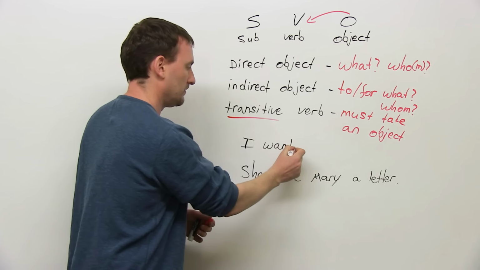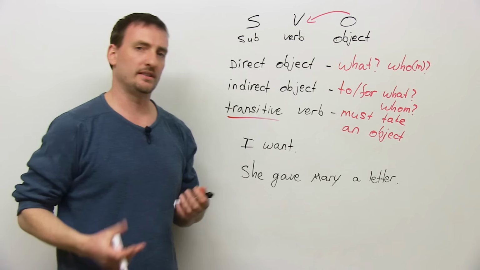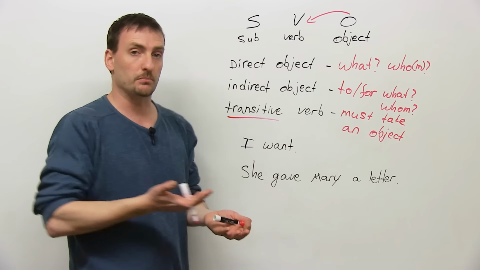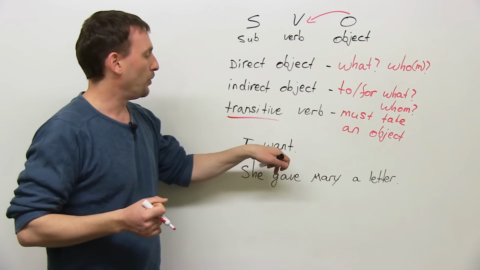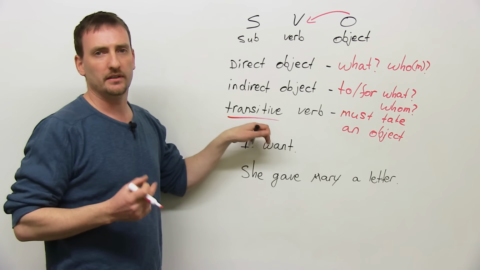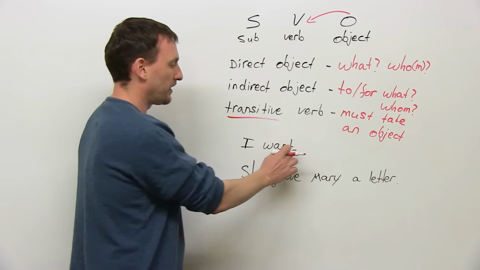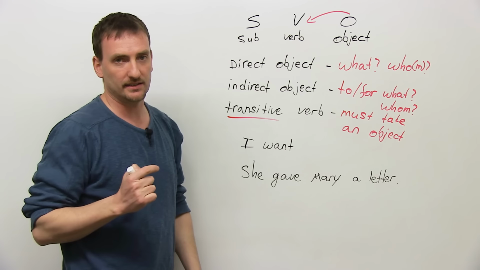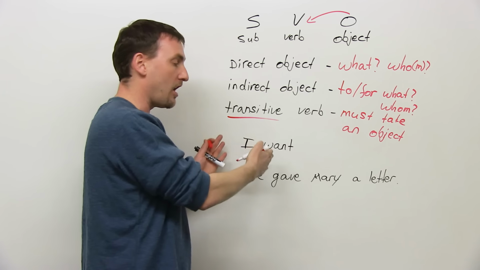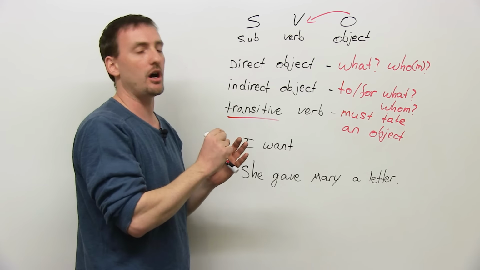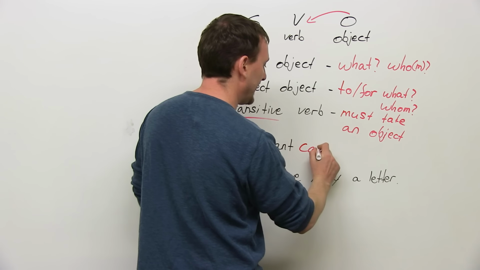Look at this sentence here. I want. Is this a complete sentence? I have a subject and a verb, right? Should be okay. Want is a transitive verb. There's no such thing as wanting without wanting something. Okay? So this is not a complete sentence. This sentence or this clause must take an object. I want candy.